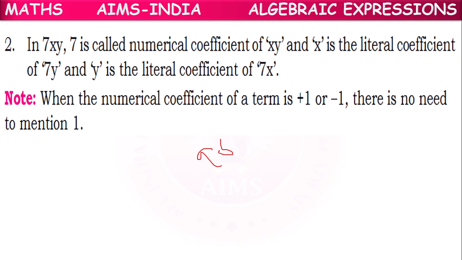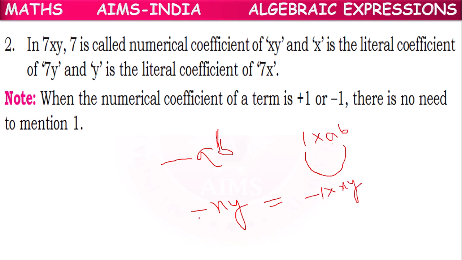Suppose we have AB, there is no numerical number in front of AB. At that time, we have to consider it as 1 into AB. So 1 is the numerical coefficient of AB. Or minus xy, we can write it as minus 1 into xy. If there is no numerical coefficient, we write 1, and minus is there, so minus 1 into xy.